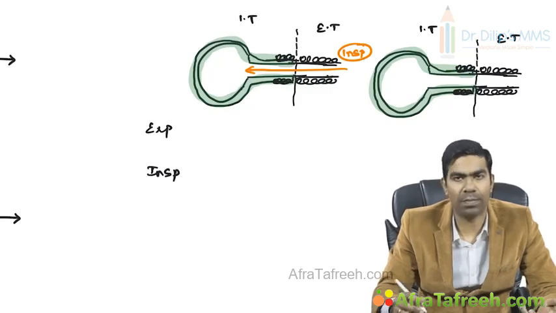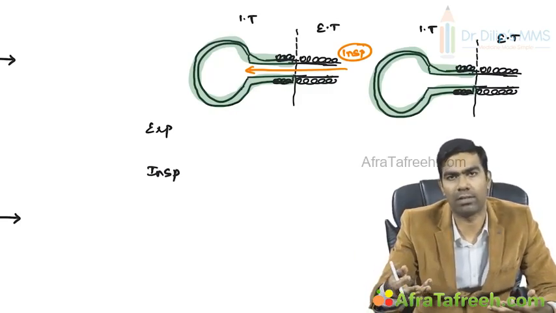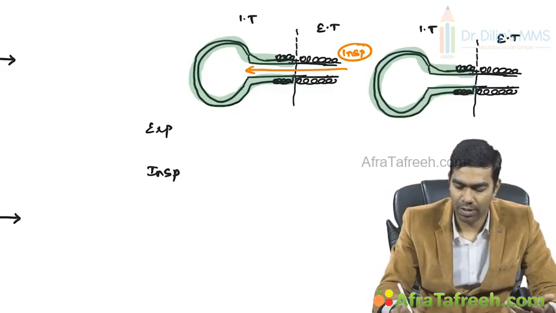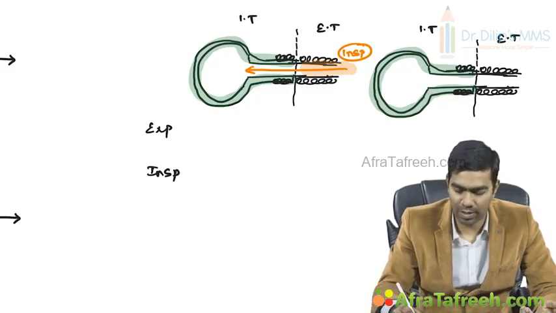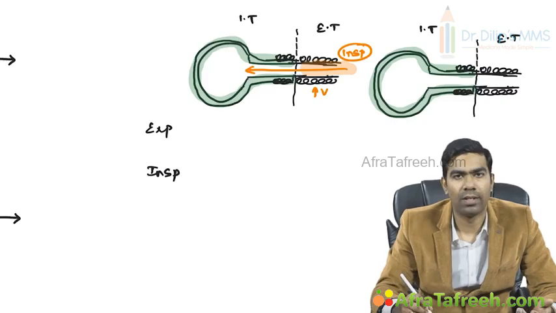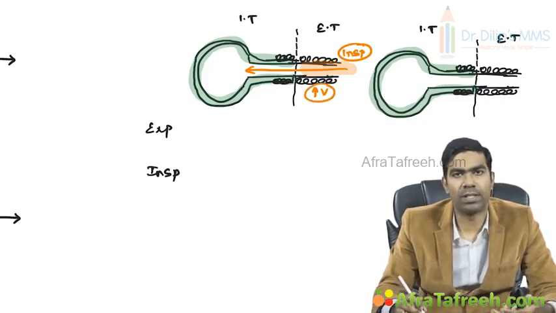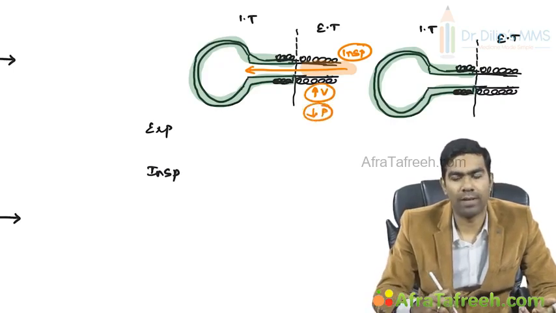The velocity of the air will be maximum in the proximal airway, the earliest airway the air hits. So during inspiration, the air moves through the extrathoracic airways first. Since it moves through the extrathoracic airways first, the velocity of the air will be very high here. Obviously, by Bernoulli's principle, since the velocity is very high, the pressure tends to decrease.